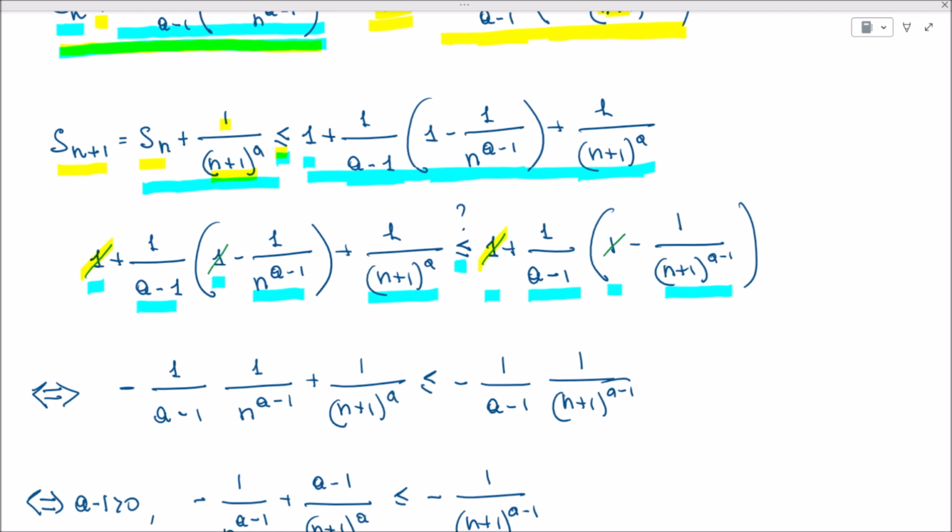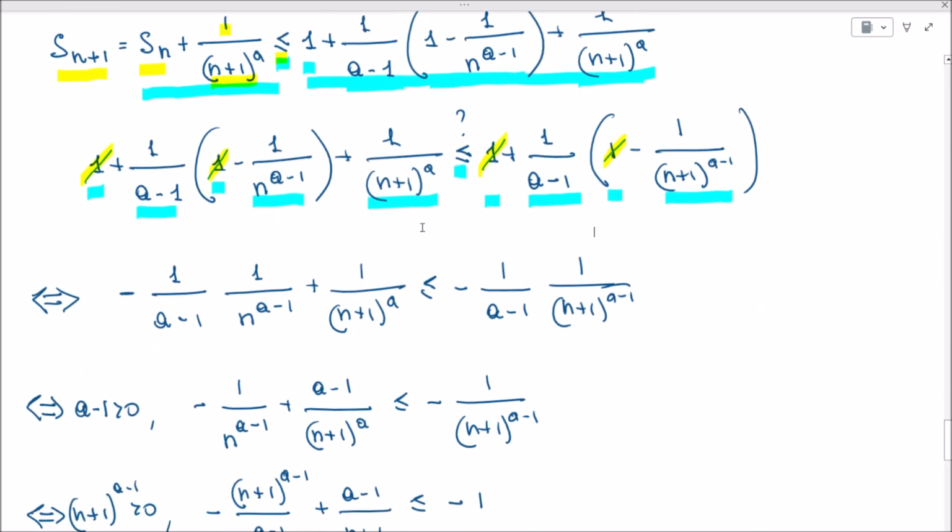In the same way, we have 1 divided by a minus 1 multiplied by 1 on the left-hand side, and 1 divided by a minus 1 multiplied by 1 on the right-hand side. So we just remove the 1 inside. We are now left with this inequality: minus 1 divided by a minus 1 times 1 over n to the a minus 1, plus 1 divided by n plus 1 to the a, less than or equal to minus 1 divided by a minus 1 times 1 over n plus 1 to the a minus 1. So this is what we need to prove.